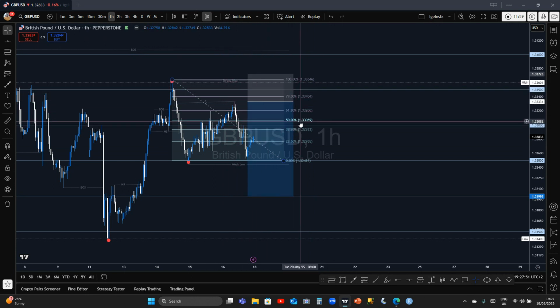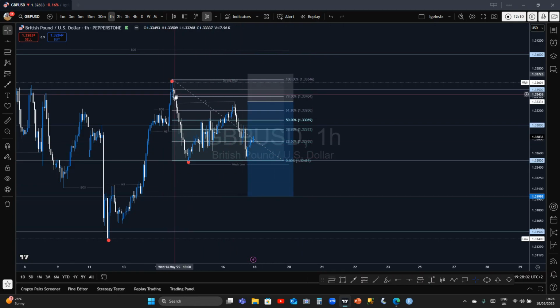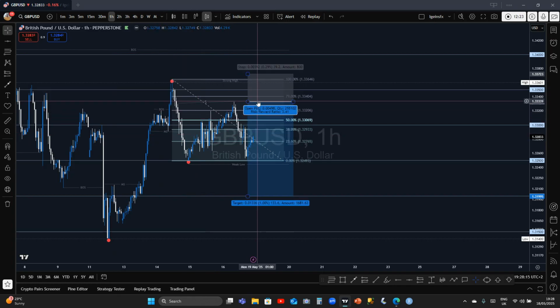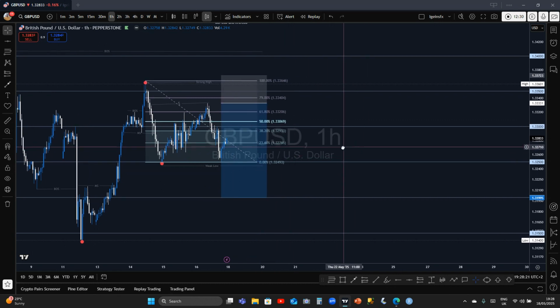Anything above 50% is the premium level. Anything below 50% is the discount level. When you are bearish, you allow price to push above 50% before you can sell. When you are bullish, you allow price to retrace below 50% before you can buy. So that is how it is.